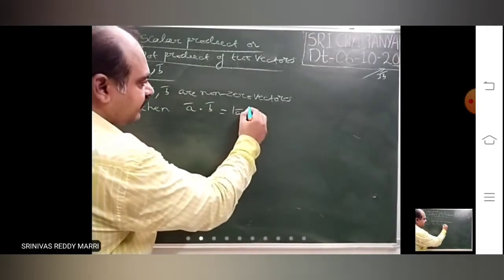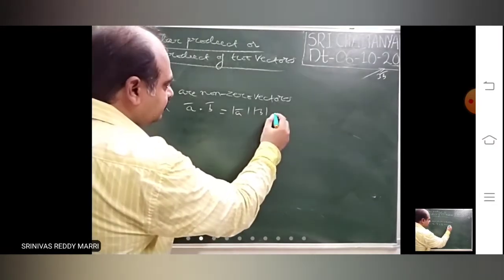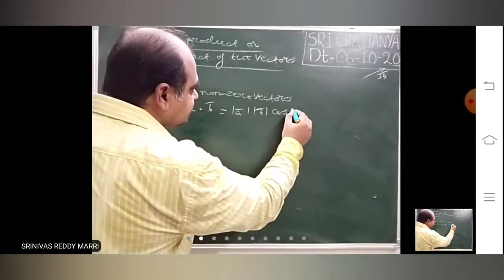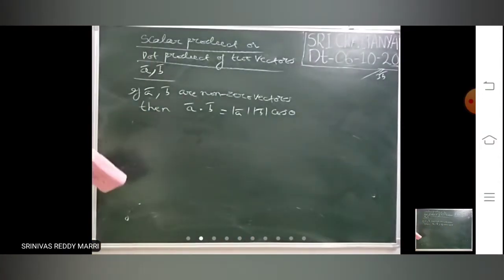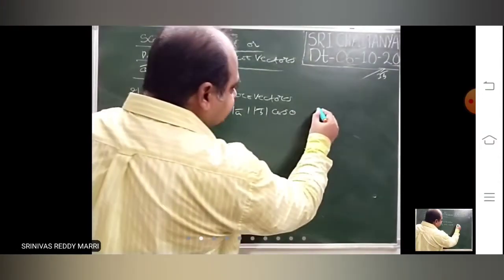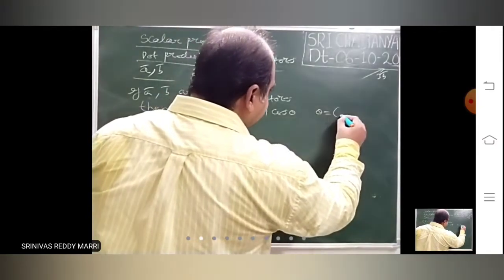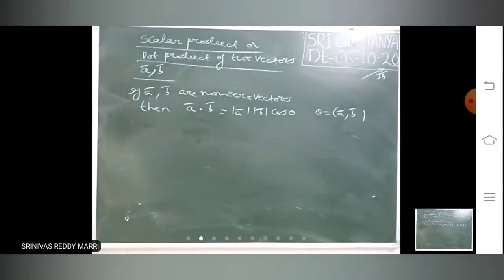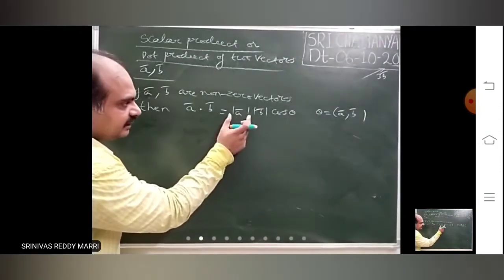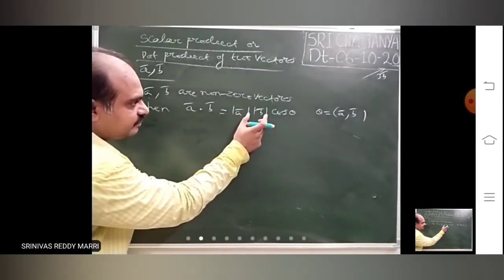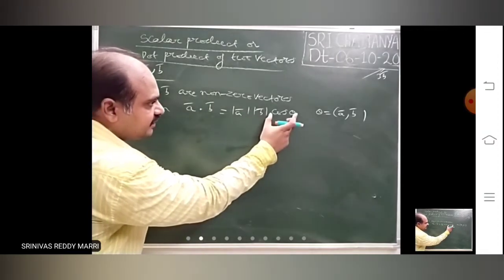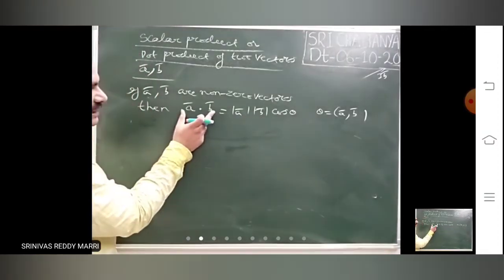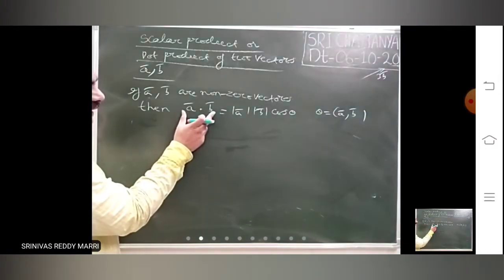This is nothing but the formula modulus a bar into modulus b bar into cos theta. This theta is the angle between a bar and b bar. This product, modulus a bar into modulus b bar into cos of the angle between them, is called the dot product of two vectors.